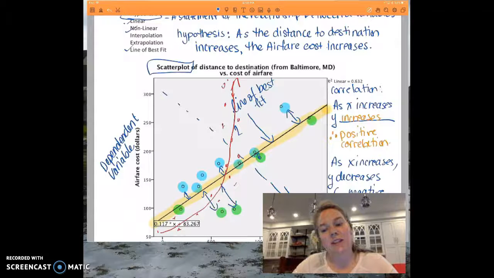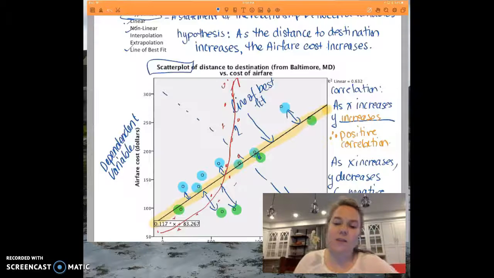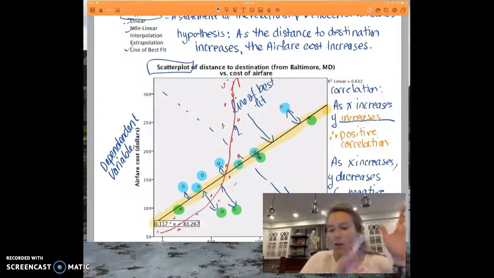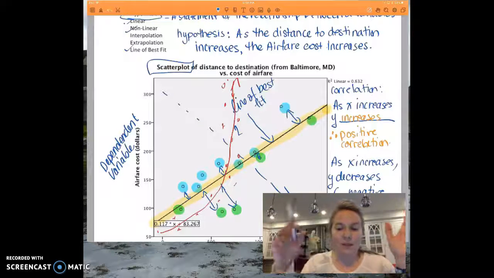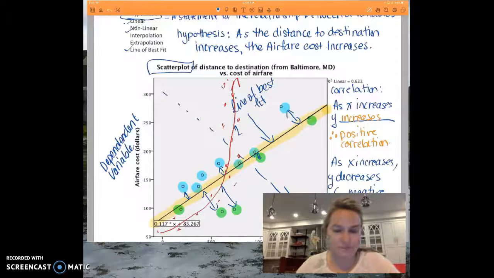I've basically taken an educated guess on whether it's going to be a positive or negative relationship. So a hypothesis for a linear relationship can be stated really simply. You say as the independent variable increases, then the dependent variable, whatever you think it's going to do, is going to increase or decrease.